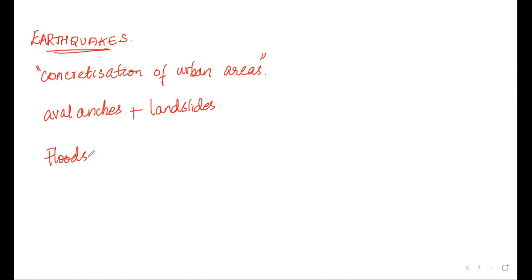Make a scientific assessment of the earthquakes, have proper land use zoning practices, have proper hazard mapping of your disasters.